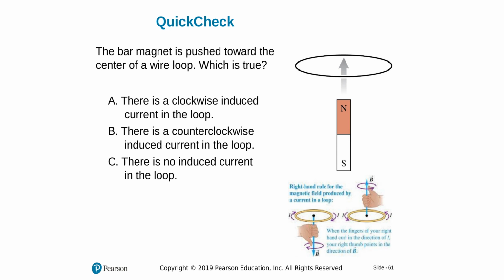One example here: the bar magnet is pushed toward the center of the wire loop, which is true. There's a clockwise current, counterclockwise current, and no current induced. I'm pushing this upward. Its background magnetic field is also upward. I'm going to draw that with blue.